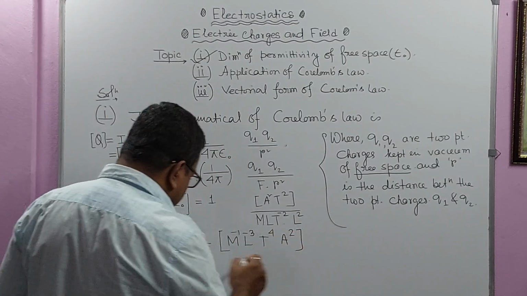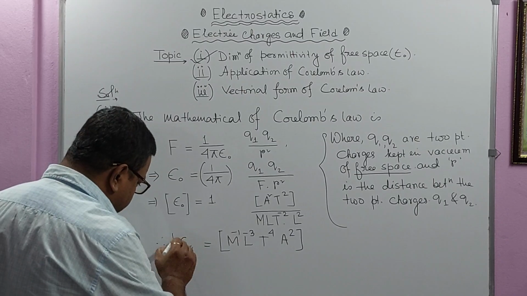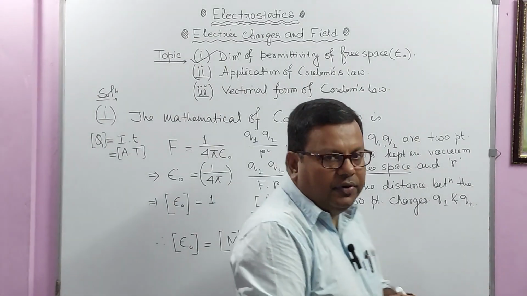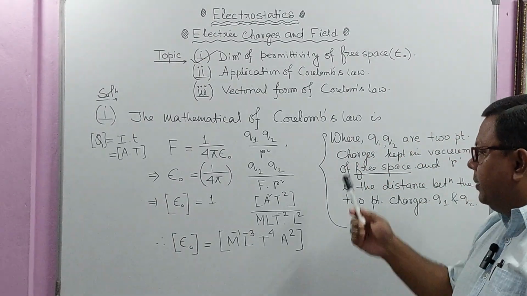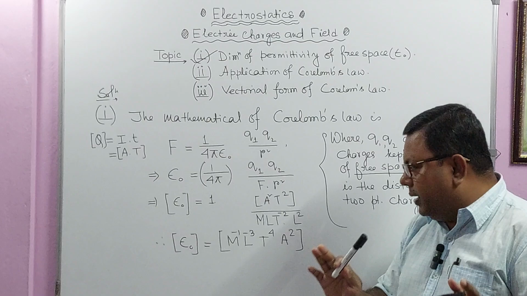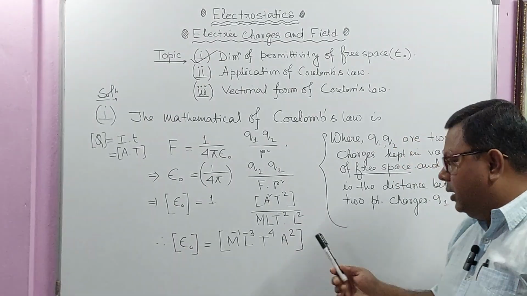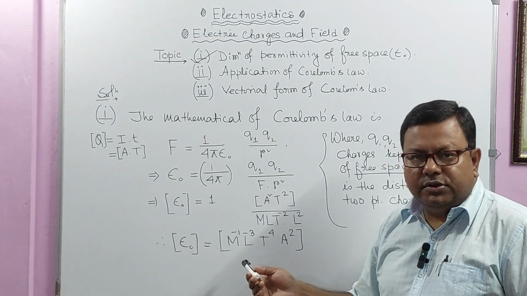So this is the final dimension of epsilon naught, that is permittivity of free space. So what is the dimension of permittivity of free space? Permittivity of free space means we can use it for every kind of permittivity, not only in case of free space or vacuum.